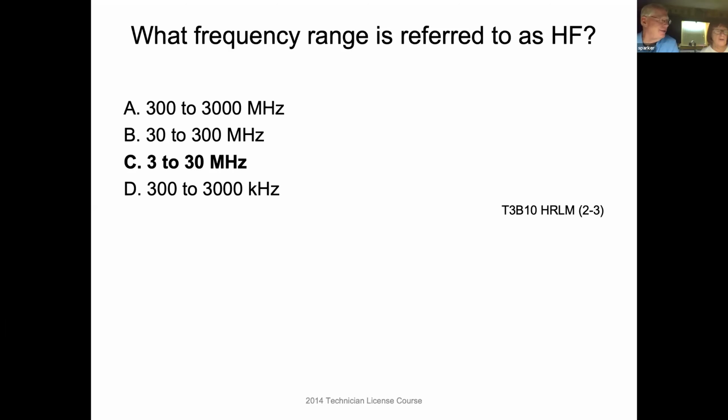That's just below the 30 to 300, right? There are a lot of threes in this group of bands. We have to remember the threes. But once you remember VHF, and that's 30 to 300, then you can kind of scoot all the rest of them one way or the other.